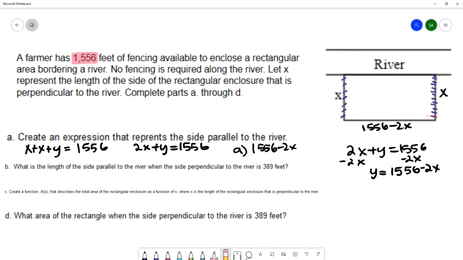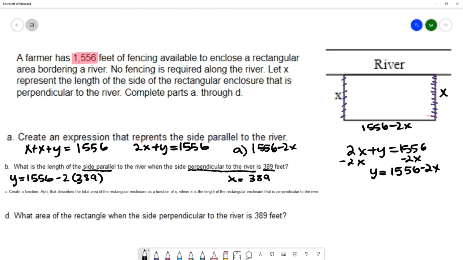So then we want to know what is the length of the side parallel to the river when the side perpendicular to the river is 389 feet. So remember, the side perpendicular to the river is labeled as X. So we're saying that X is 389, and we want to know the length of the side parallel to the river. That's what we labeled as Y. So 1,556 minus 2 times 389.